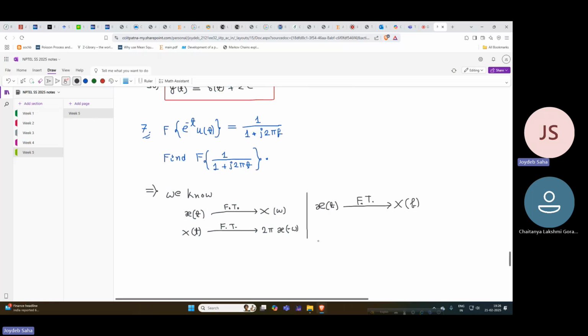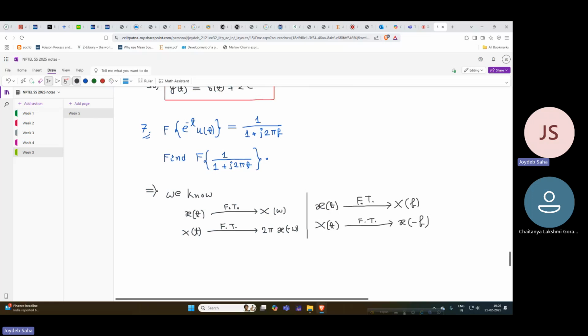If x is small x, then capital X(t)'s Fourier transform will be small x of minus f. Simple. Okay.